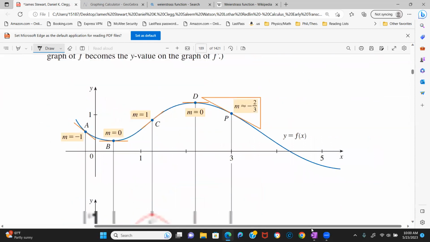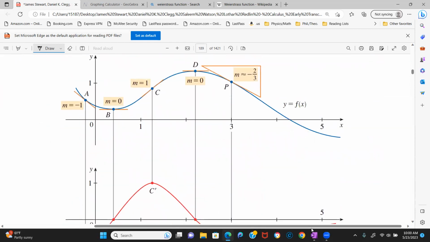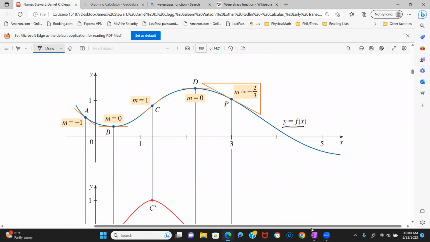So here's the original graph of the function reproduced down here. And we want to know, what does the graph of the derivative look like? To get that, we need to draw various tangent lines. We have a tangent line here, here, here, here, and here.